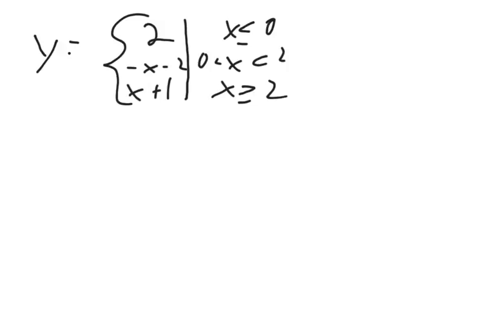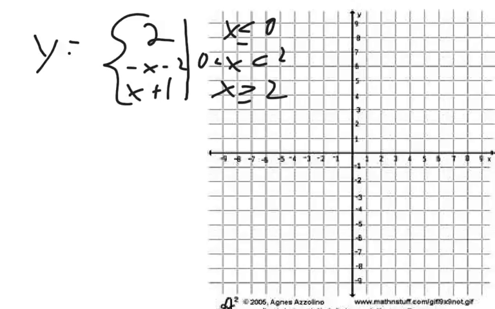Alright, we have our scatter plot here, and I'm going to put a graph up. So now that we can take a look, y equals 2 is a horizontal line, and since it's less than 0, that is all this stuff over here. If I do negative x minus 2, I'm going to start out at negative 2 and go down 1 over 1.